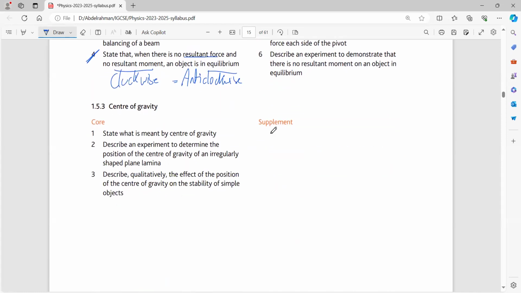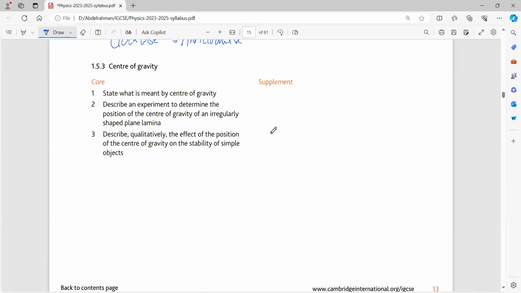Center of gravity or center of mass. What is meant by the center of gravity? Again, we said it was a point at which the whole weight of an object seems to act.